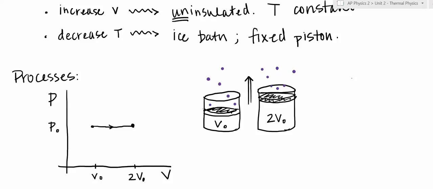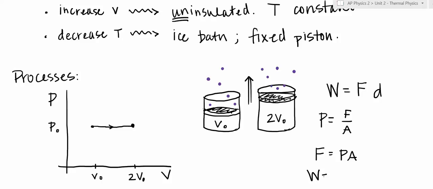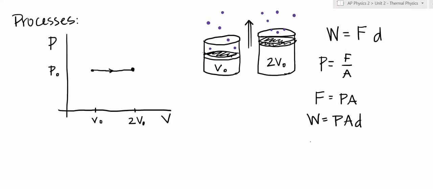Okay, so if work is force times distance and pressure is force per area, so that means that force is pressure times area, then work would be equal to pressure times area times distance. And area times distance is volume.